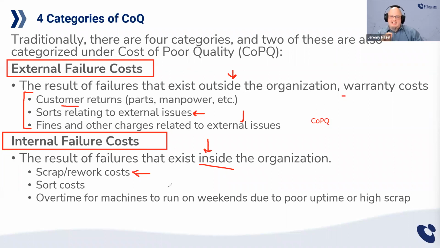Also, if you have temp labor for non-standard sorting operations and rework, that's a cost of internal quality, anything that you're sorting. Plus, let's say that you're supposed to run 2% scrap and you run 8% scrap. And in return, you have to work a Saturday. That overtime for the machines is a cost of poor quality.